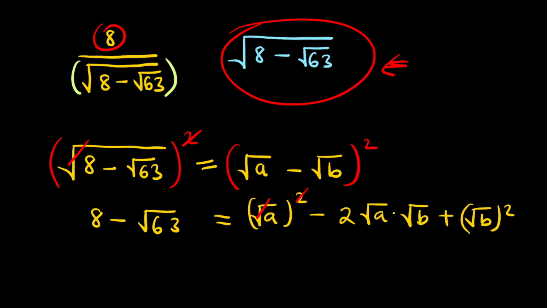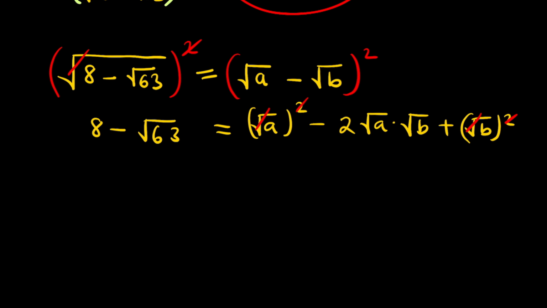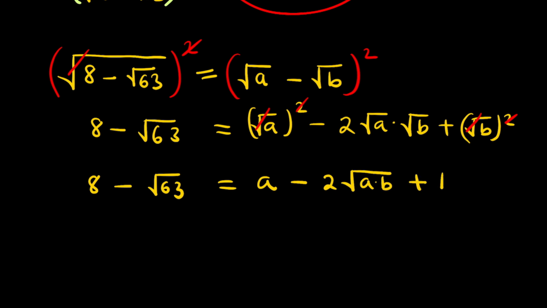Of course, this takes care of this, and this takes care of this, so that the new equation becomes 8 minus the square root of 63 is equal to a minus 2 roots. I can put this together by law of surds, 2 root a times b, then plus b.